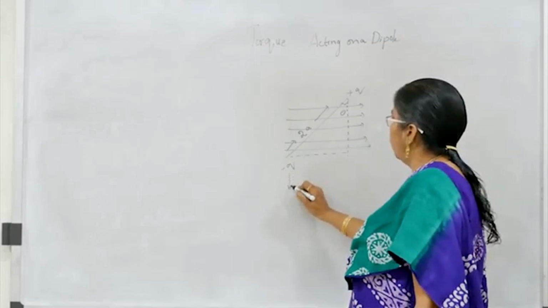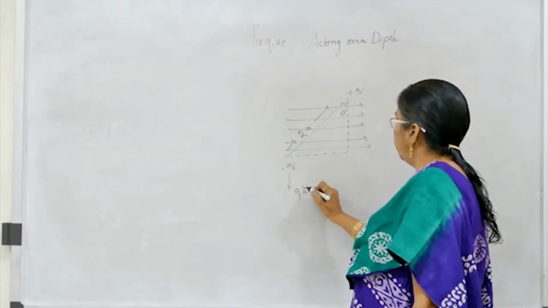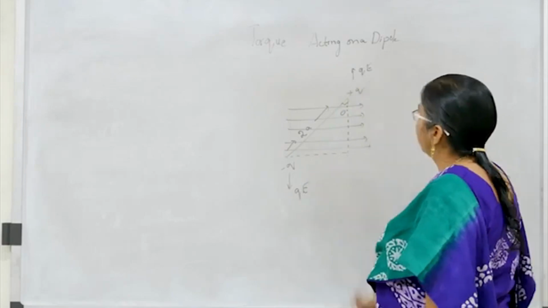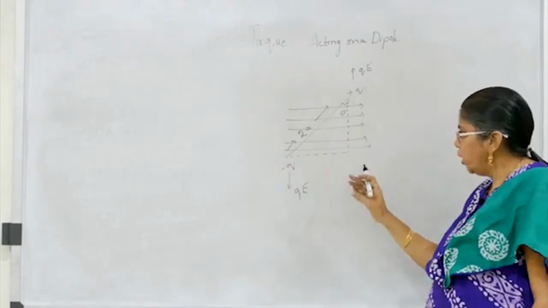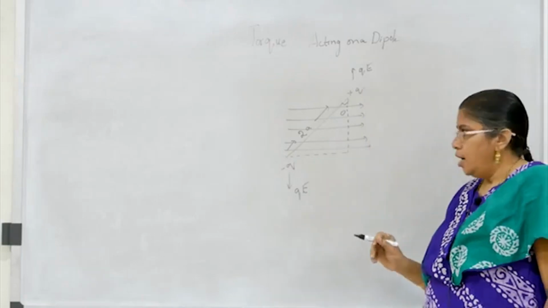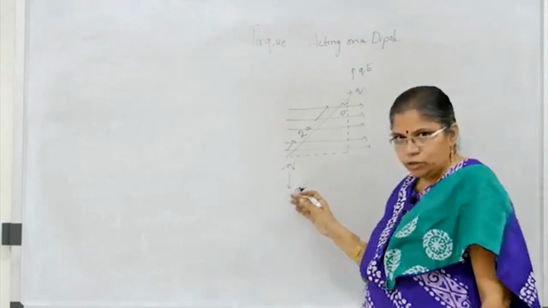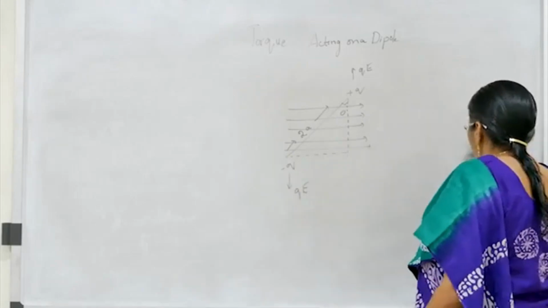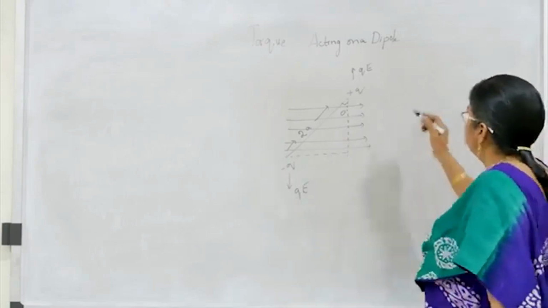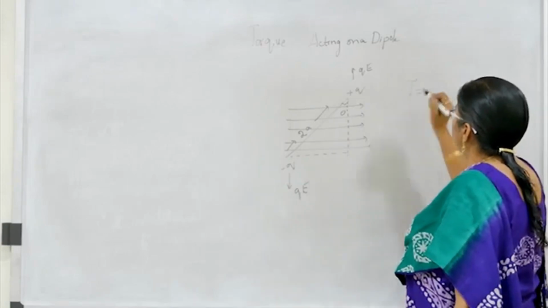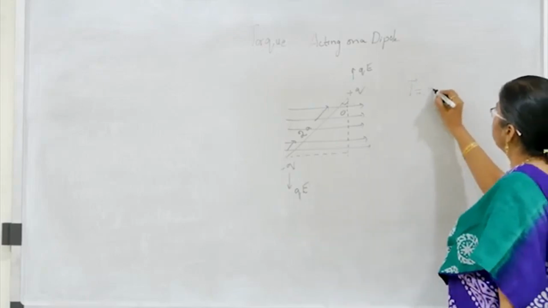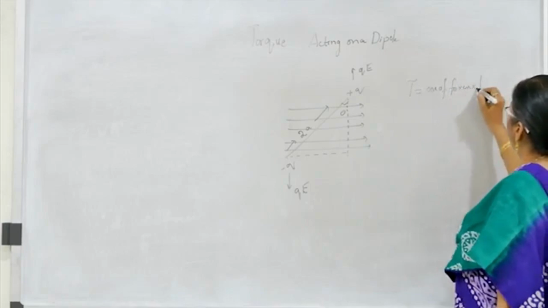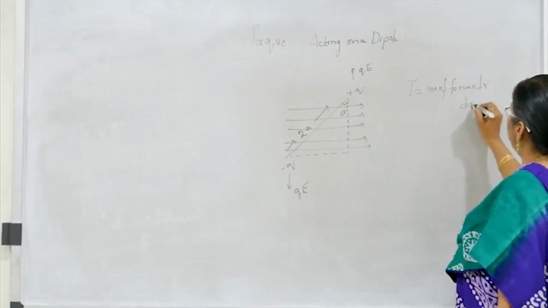The force acting on this is q into E, and the force acting on this is also q into E. These two equal and opposite forces give rise to what is known as a couple. For that couple, the torque is given by one of the forces into the perpendicular distance of separation.